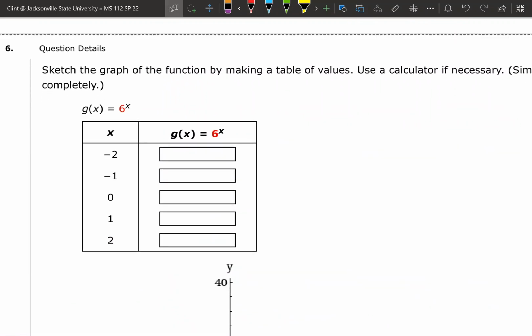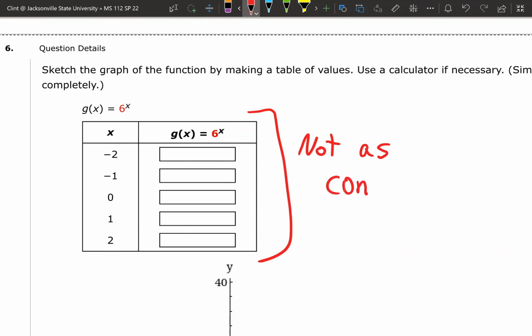So this one, I'm not as concerned with this part for your plotting points. I'm not going to make you do a lot of that, as I am being able to pick out the graph. Okay, what's the general shape of the graph going to be? We could do this though. That's 1 over minus 1 over 36.